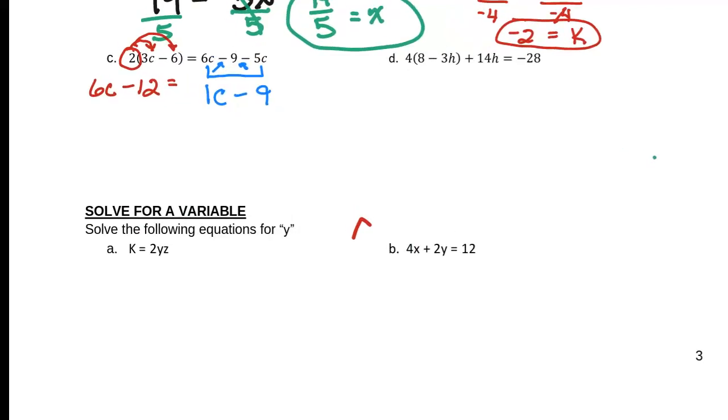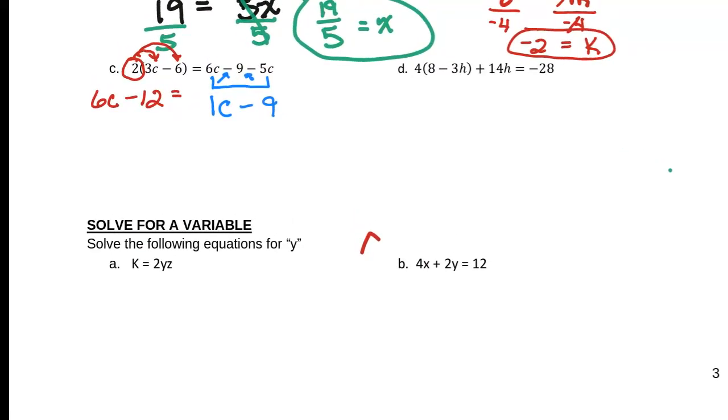Okay? All right, so now I need to get my C's to the same side. I've got C's on both sides. I've got numbers on both sides. Let's move the smallest C value to the other side. How would I move that? Subtract, because it's a positive. So we have to take that whole 1C and subtract it.